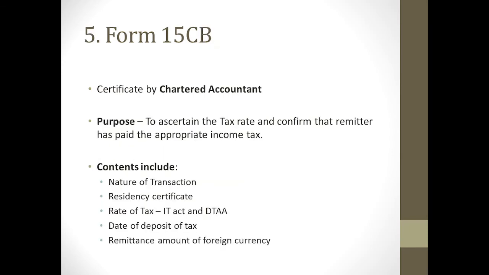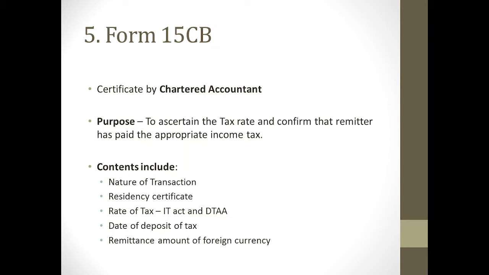Fifth important form is Form 15CB. This is a certificate given by a chartered accountant. The purpose of this form is to ascertain the tax rate and confirm that the remitter has paid the appropriate income tax. Because the income tax department wants to ensure that whatever relevant taxes have been calculated are paid to the government of India.